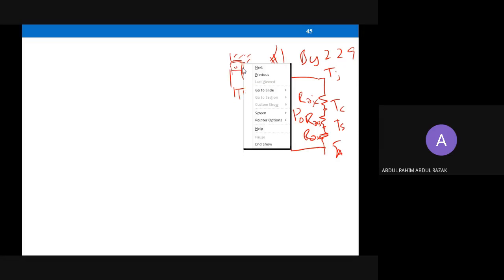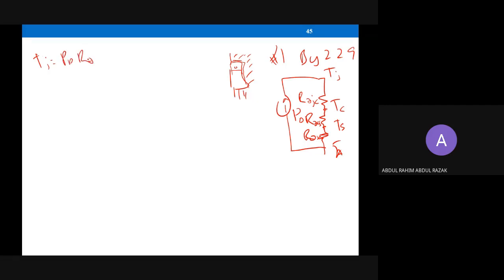The lower, the better, in terms of thermal resistance value. So in general, the formula will be Tj is equal to PD times R thermal JC plus R thermal CS plus R thermal SA, plus Ta.